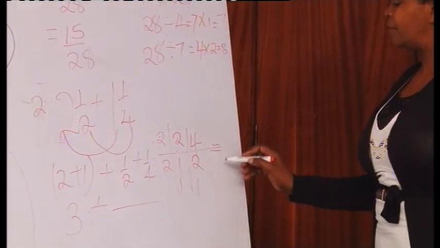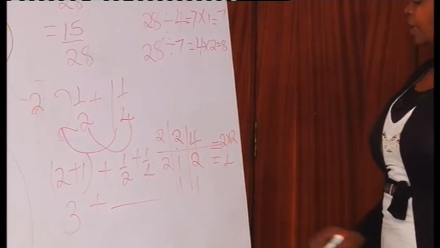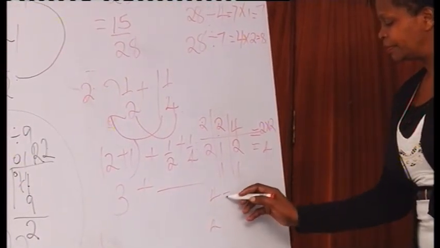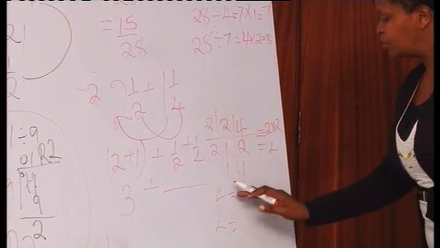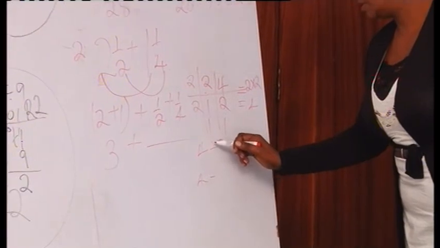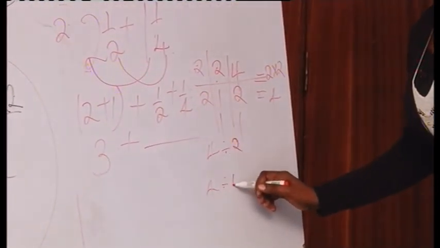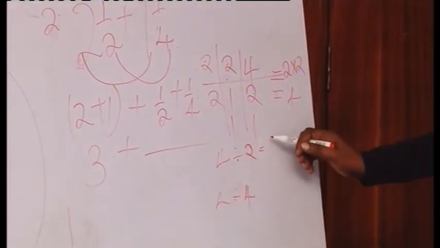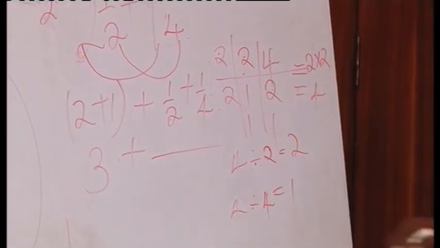So the LCM will be 2 times 2, which is 4. Then the 4 you've gotten, we said you write it twice. Then you divide the 4 by the denominators, so by 2, and then by 4. So 4 divided by 2 will be 2, and 4 divided by 4 will be 1.